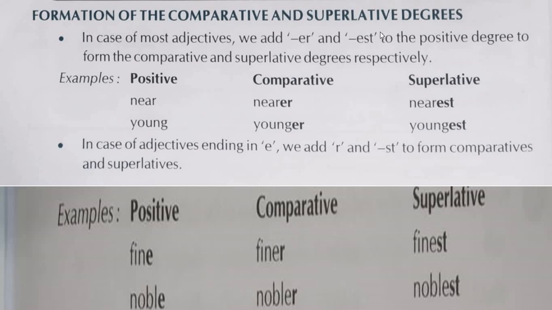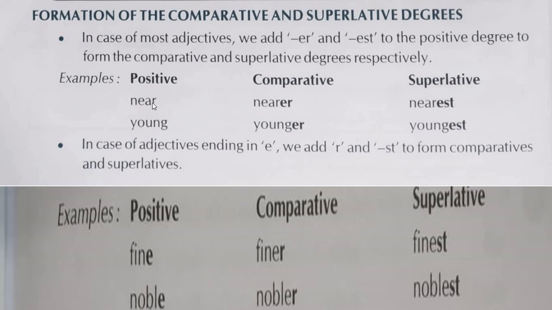Formation of comparative and superlative degrees. How to form comparative and superlative degrees. And don't forget, students, only adjectives of quality can have degrees of comparison. Okay. In case of most adjectives, we add er and est to the positive degree to form comparative and superlative degrees respectively.